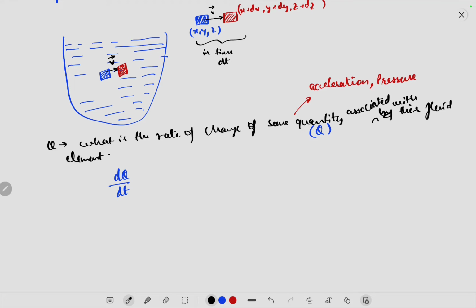So this was in the Lagrangian description.